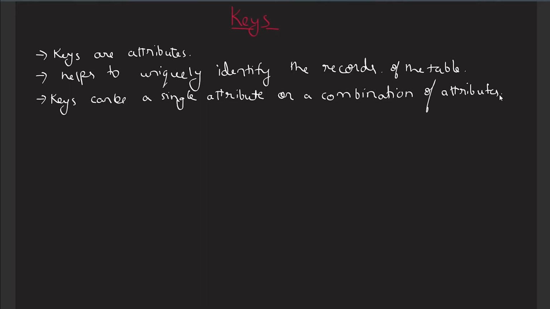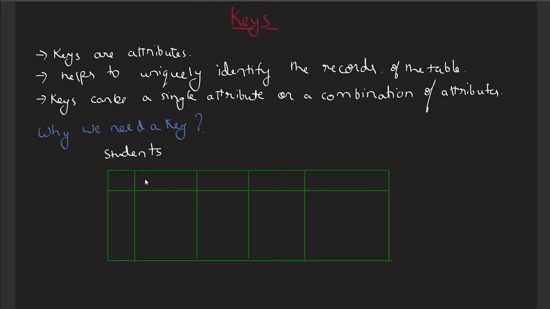Now there comes the question, why do we need keys? Okay, keys are helpful to uniquely identify the records of the table, but why do we need keys in the DBMS? Suppose there is a students table with attributes like name, age, their class, and an address column.